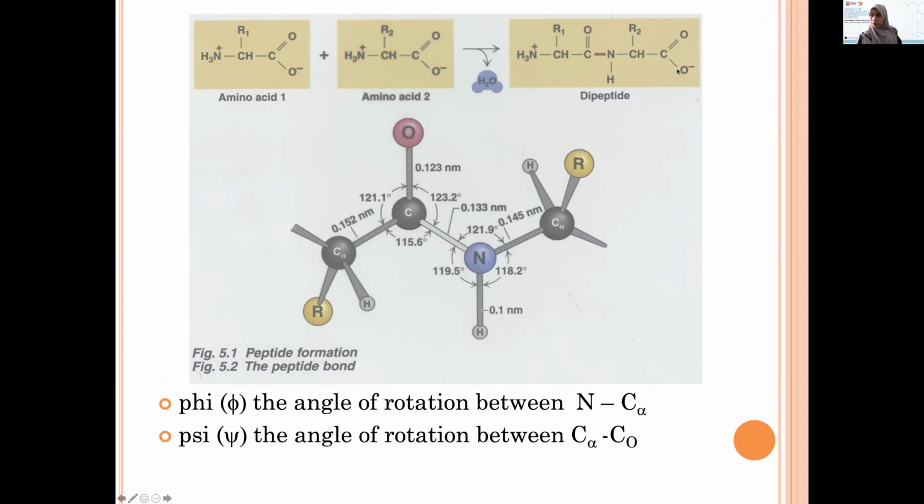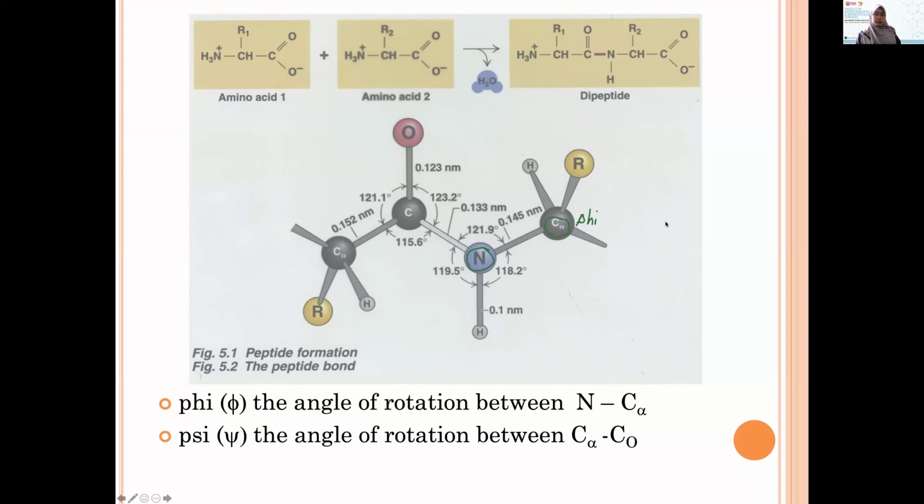Okay, draw format. Here we have phi, the torsion angle between the chiral carbon, this is carbon alpha, and the nitrogen of the amino group. This is called phi.